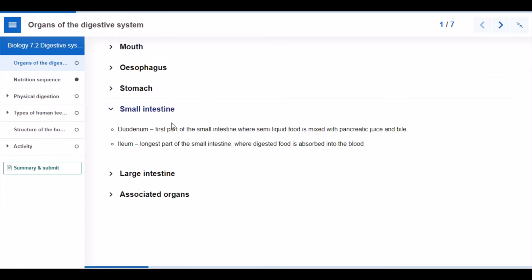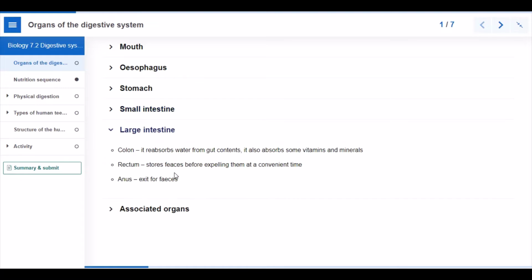The small intestine is divided in two parts. The duodenum, the first part of the small intestine, is where semi-liquid food is mixed with pancreatic juice and bile. The ileum, the longest part of the small intestine, is where digested food is absorbed into the blood. Colon. The colon reabsorbs water from gut contents.